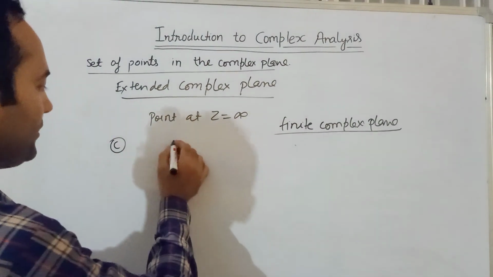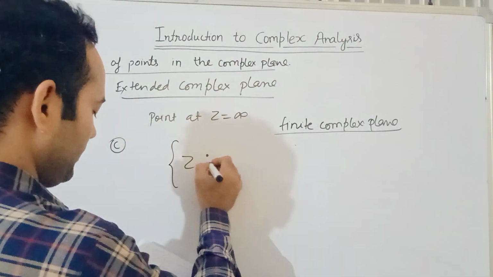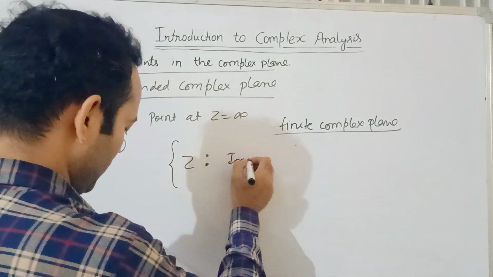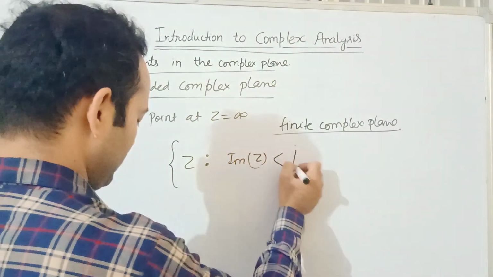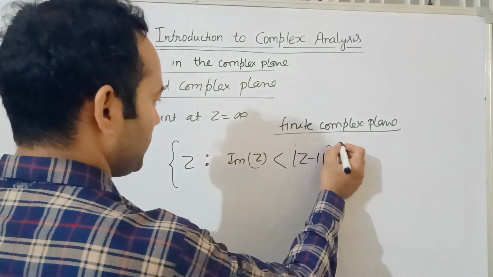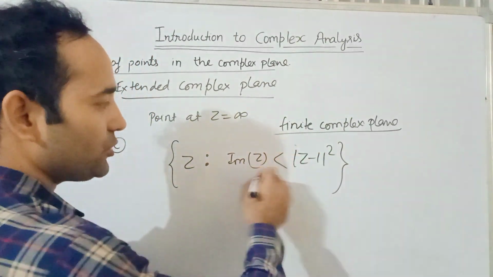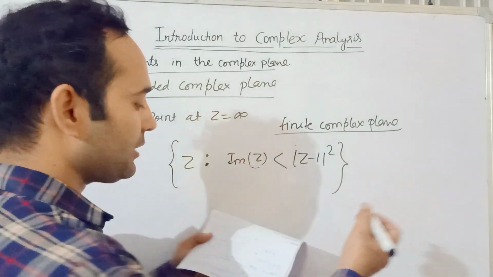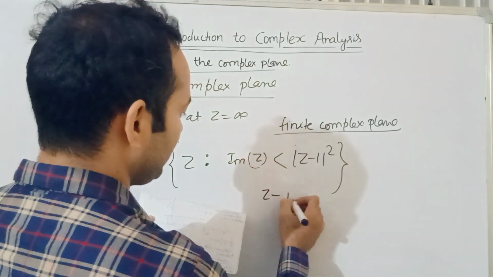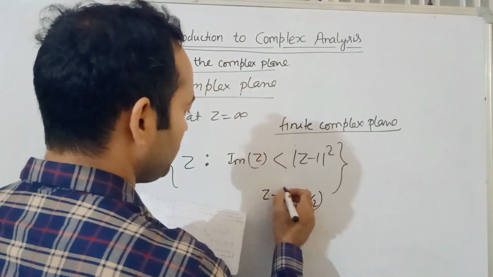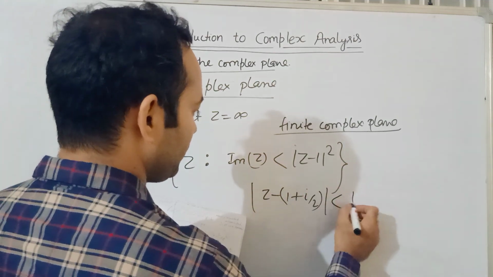Another: can you classify z where the imaginary part of z is less than mod of z minus 1 whole square? Put z equal to x plus iy on both sides, solve it, and convert it into the form mod of z minus 1 plus i by 2 is less than 1 by 2.